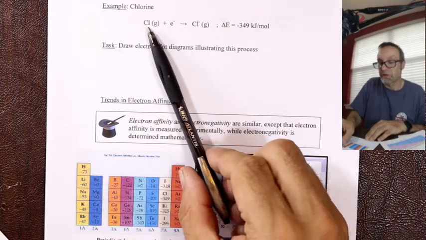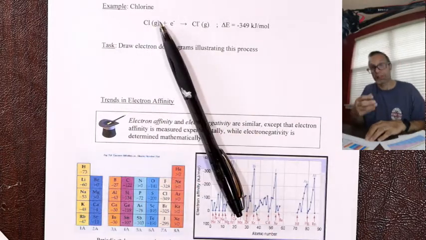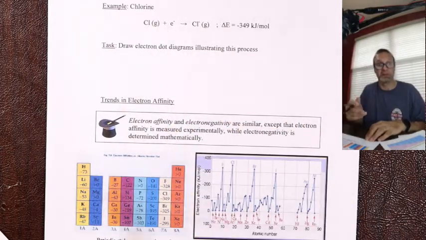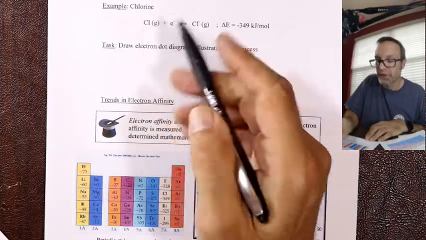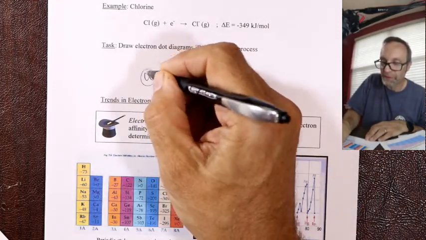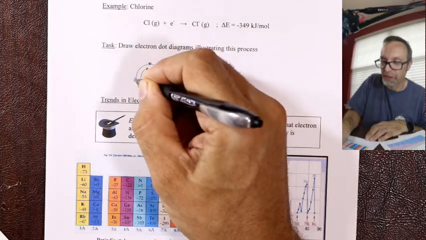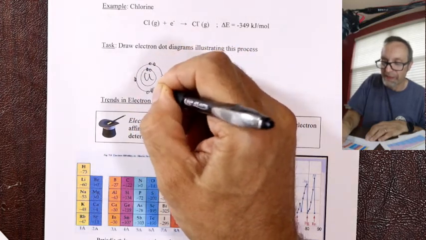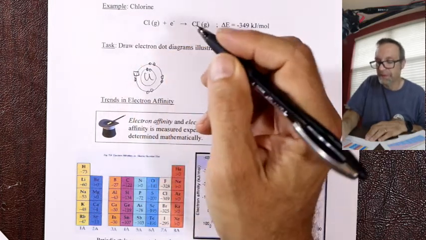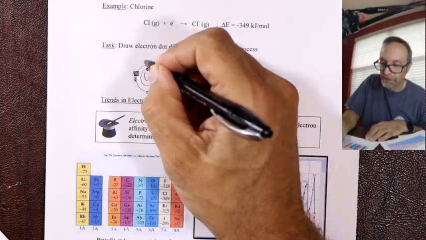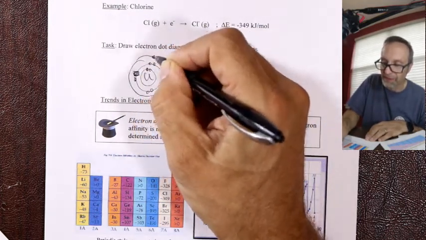So, for example, chlorine, as we know, is electronegative. It wants to gain electrons, so its electron affinity will be high. If we think about chlorine, it's column 7, so it has an effective nuclear charge of +7.